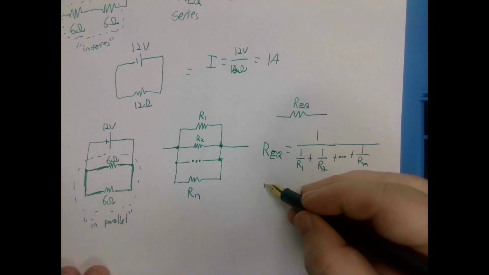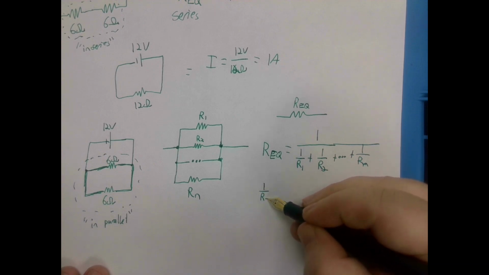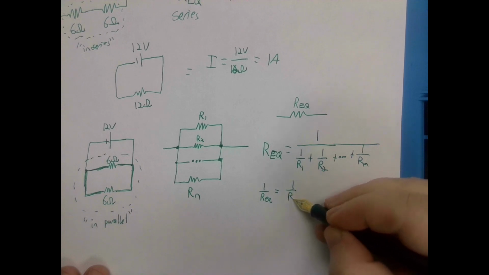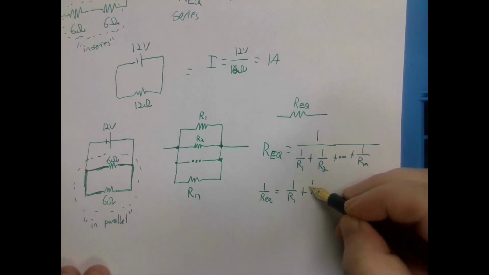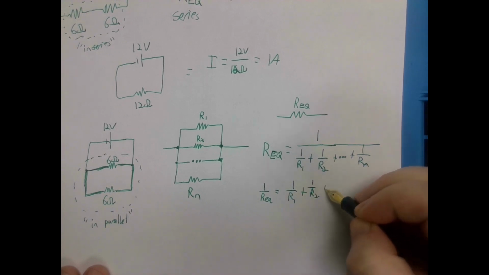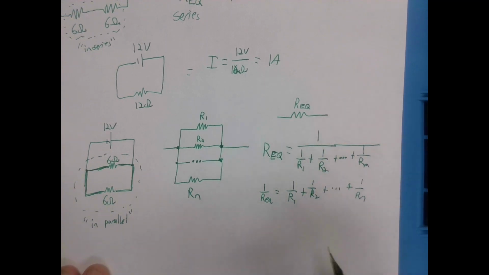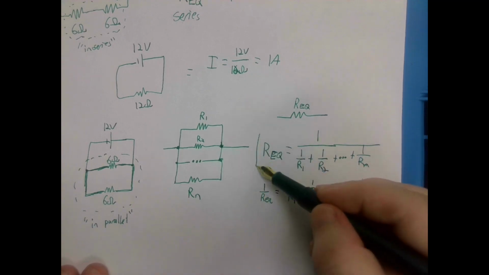Technically, this is defined as 1 over Req equal to 1 over R1 plus 1 over R2 plus ... plus 1 over Rn. But this solves for 1 over Req.